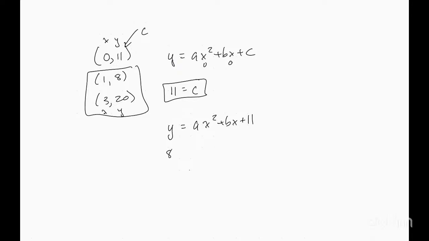And the other equation would be 20 equals a times 3 squared plus b times 3 plus 11. So when we simplify those, subtract 11 from both sides, we get negative 3 equals a plus b. And this one is going to be 9 equals 9a plus 3b.